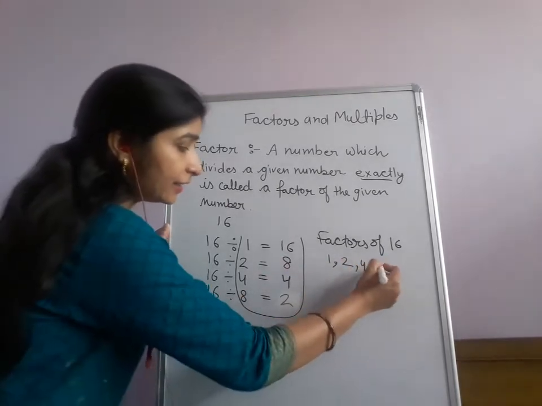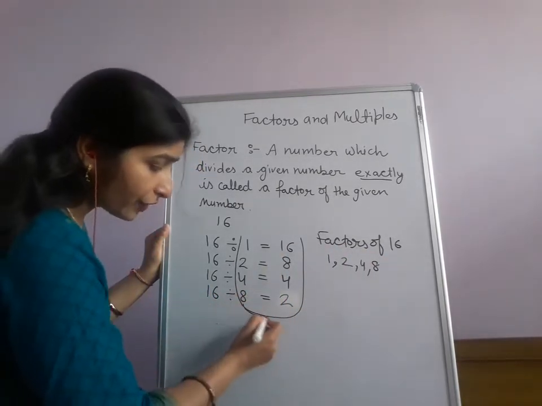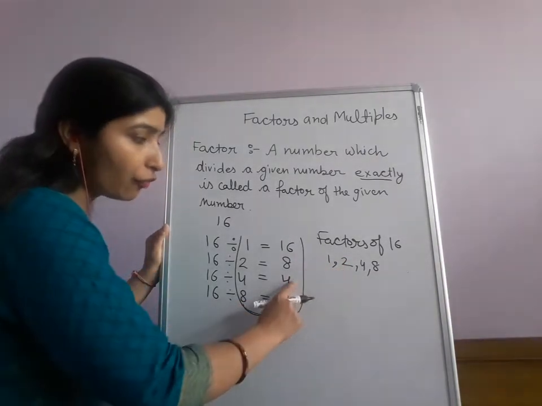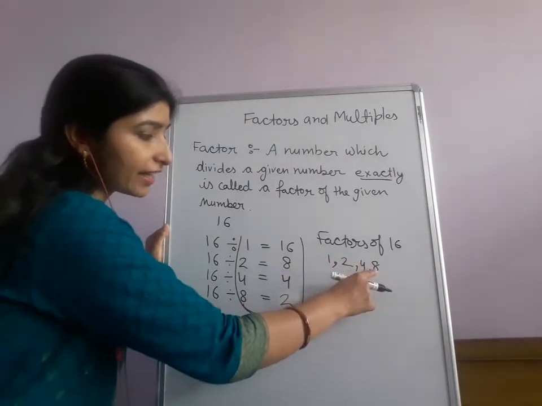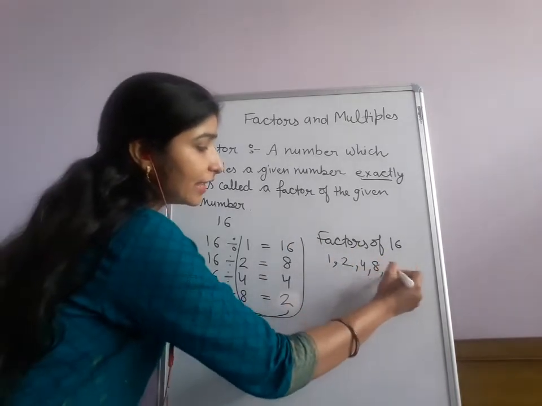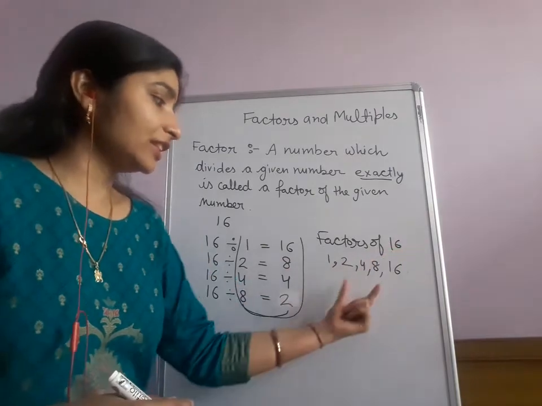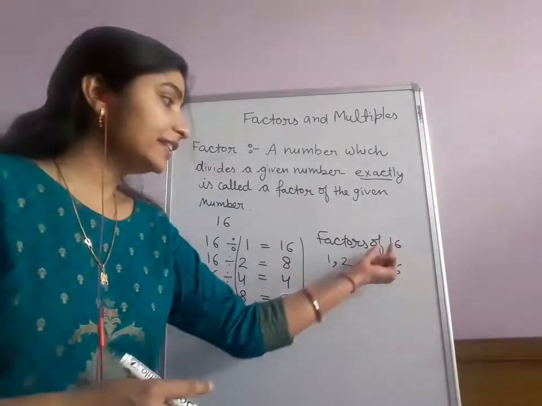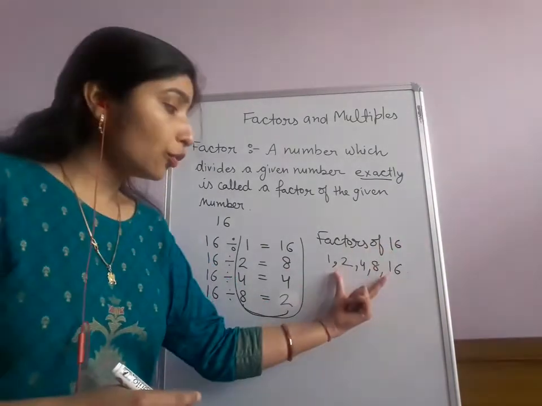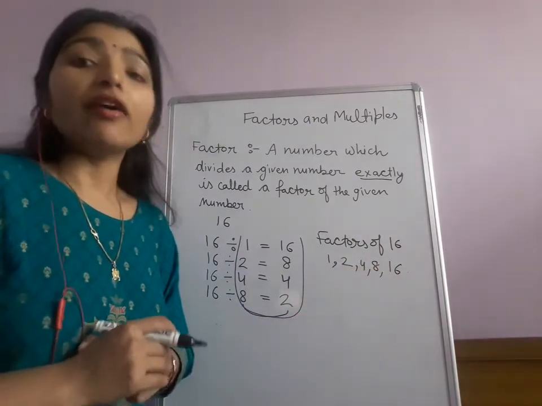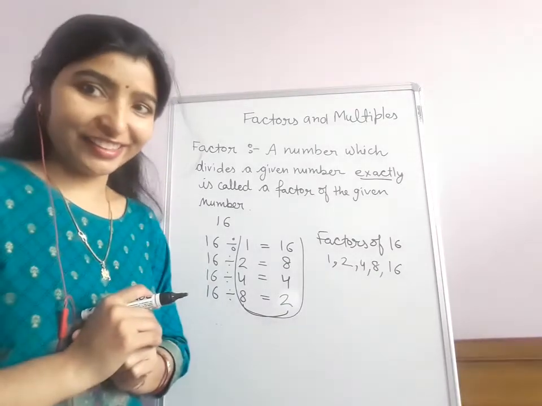Then 8. Then we will go here. 2 I have written, so I will not write again. 4 already I have written, 8 already I have written, so 16 is left. So see, these are the factors of 16. These numbers can divide 16. Okay, so 1, 2, 4, 8 and 16 are the factors of 16.